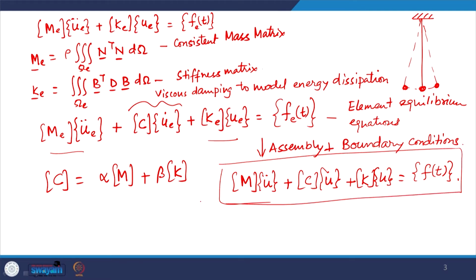So, this is now our equation. Essentially, up to this point, by using finite element modeling, we have transformed a partial differential equation, which involved derivatives with respect to space coordinates as well as with respect to time, into an ordinary differential equation, using finite element modeling within the spatial domain.